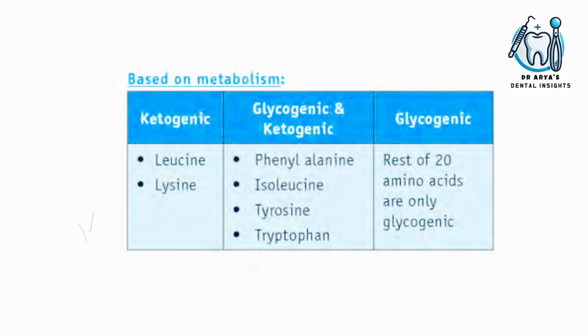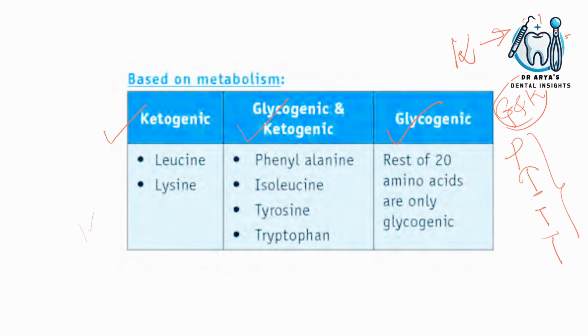Now the ketogenic amino acids, glucogenic and ketogenic, and glucogenic. Ketogenic amino acids are 2L, that is leucine and lysine. Both glucogenic and ketogenic amino acids are phenylalanine, isoleucine, tryptophan and tyrosine, PITT.